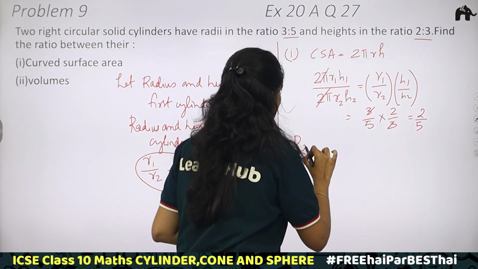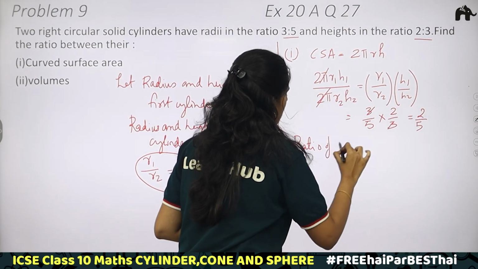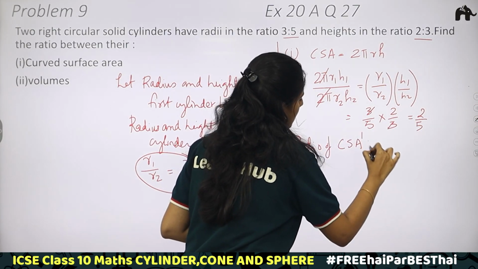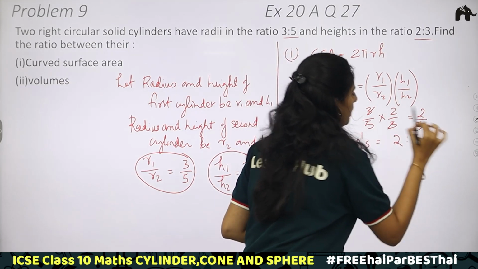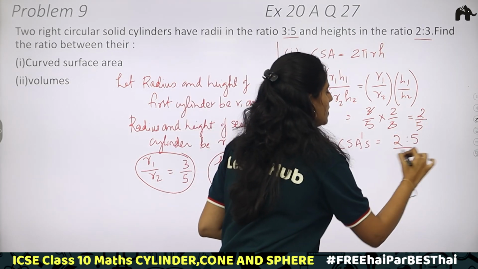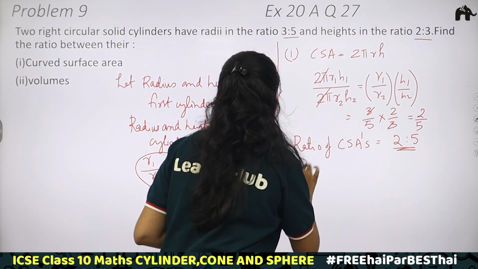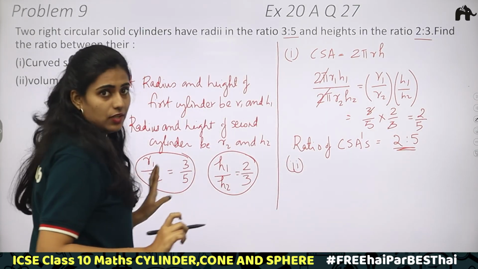So ratio of curved surface areas is equal to 2:5.